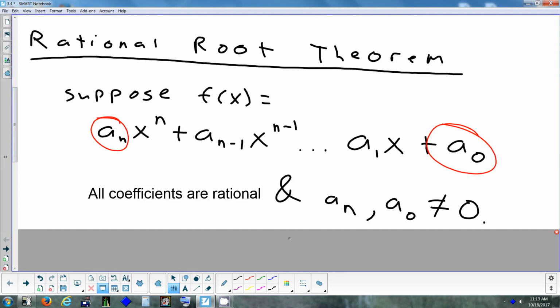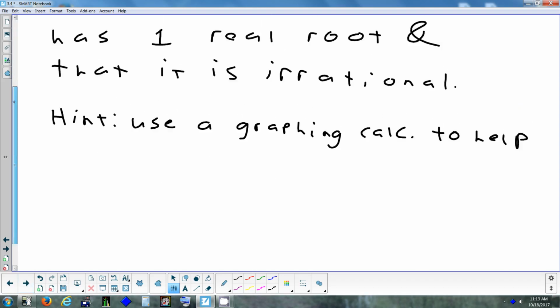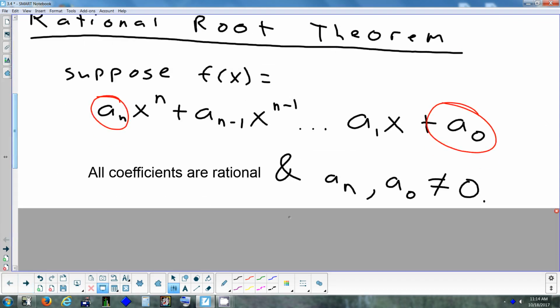And the other important thing is that the first coefficient and the last coefficient can't be 0. This theorem doesn't work if either thing I circled in red was 0. And in the problem we're going to do, one is a 10, one is a 6. That's fine. No zeros there. So any question on what the two things I circled in red are not allowed to be?